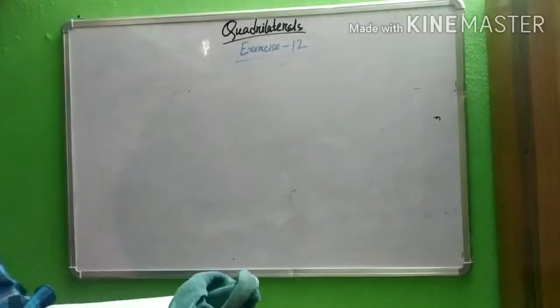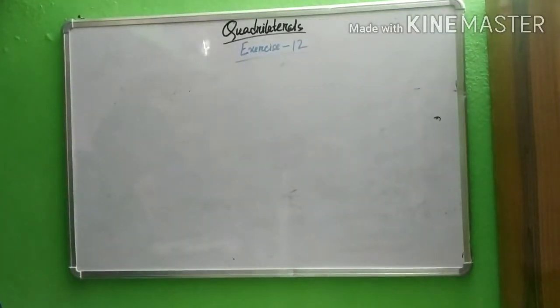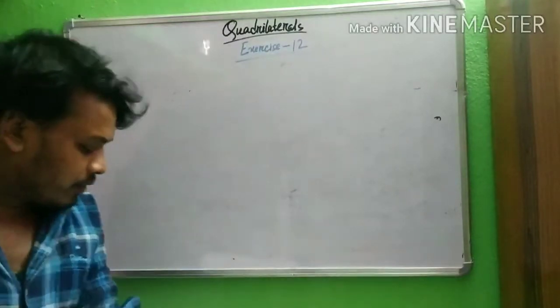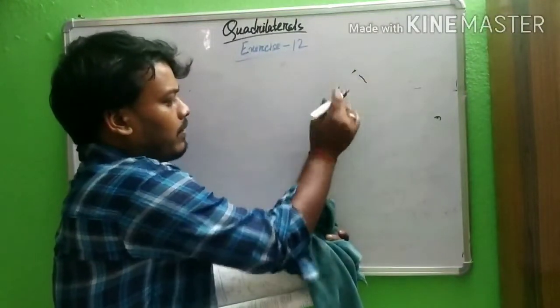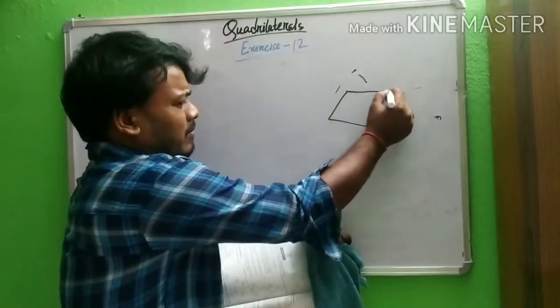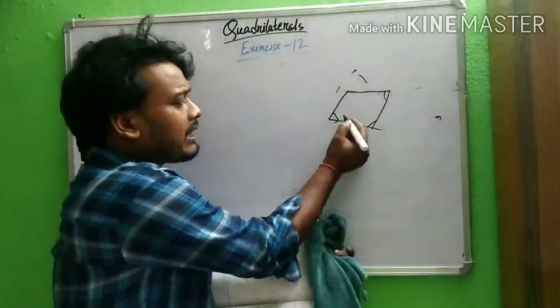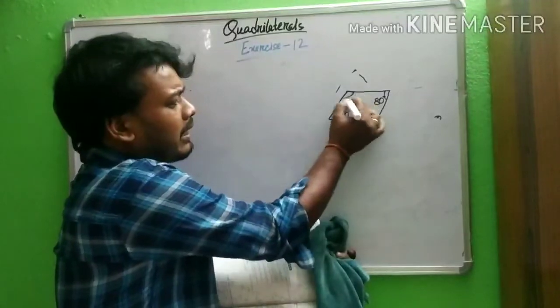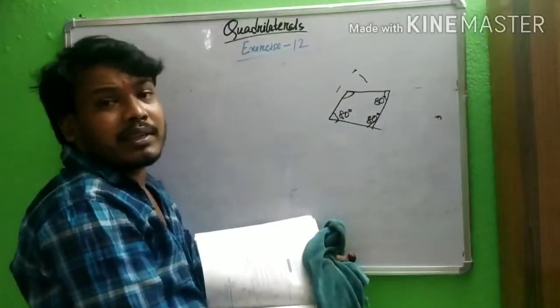Number nine: the fourth angle of a quadrilateral that has three acute angles is. So here it is given that the value of this one is less than 90, acute, that means less than 90. Okay, if 80, 80, 80, then the fourth must be more than 90, because the sum must become 360 degrees.